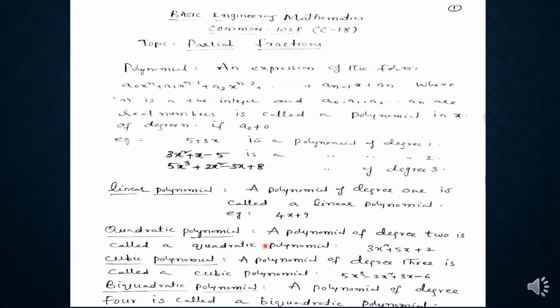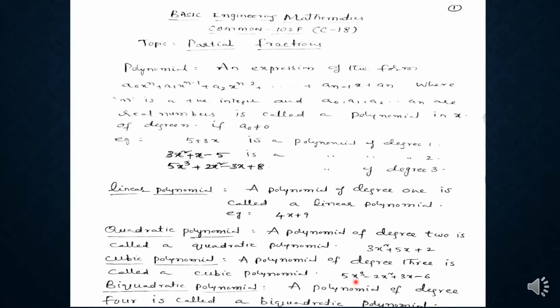Next, quadratic polynomial. A polynomial of degree 2 is called a quadratic polynomial. Here the highest degree term is x square, so the power is 2. And what is a cubic polynomial? A polynomial of degree 3 is called a cubic polynomial.